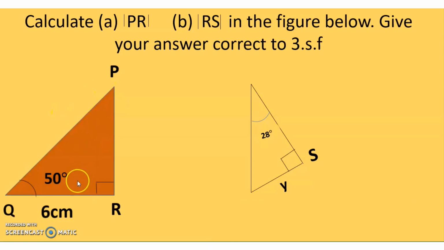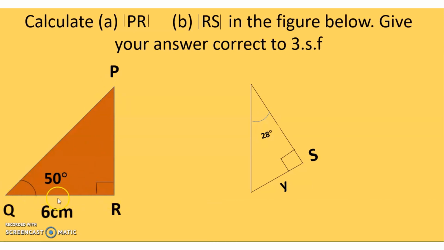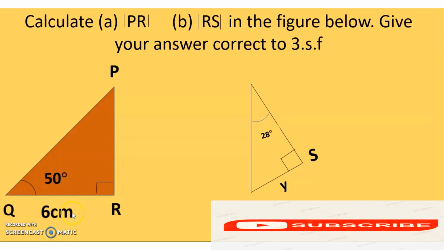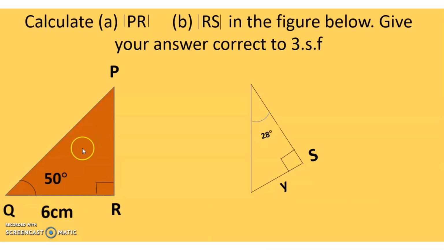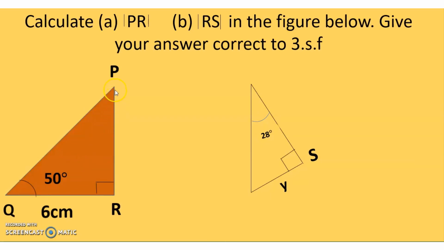But in this first triangle, side QR is given. So we have at least two parameters. We have an angle and a side. So this is the triangle we are going to use to solve for side PR.